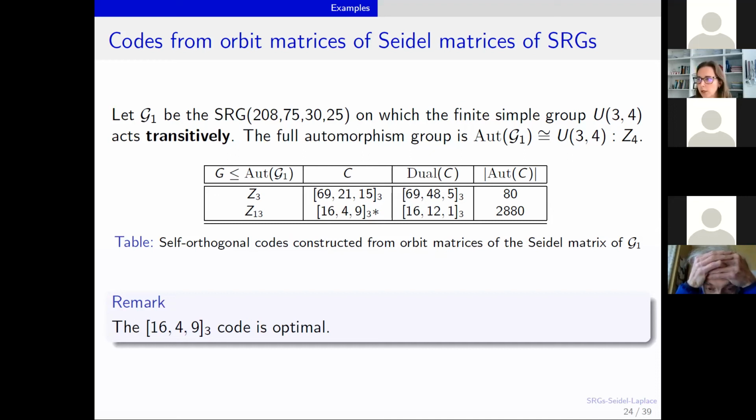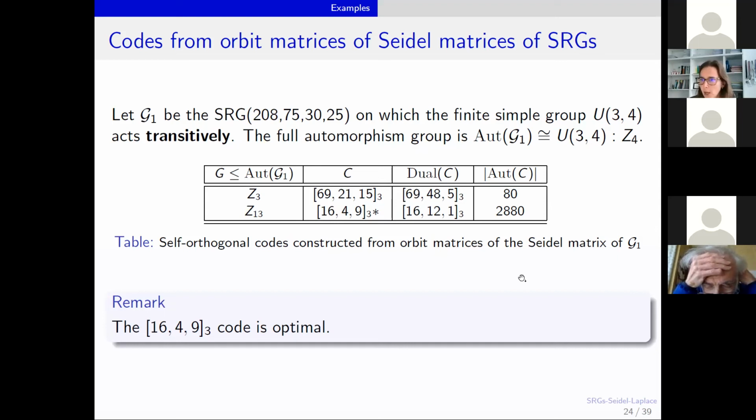And these strongly regular graphs that we were working with have big, huge full automorphism groups. They were nice for us because we were searching for those with big automorphism groups, because then you have potentially more automorphism groups from which you can construct orbit matrices.